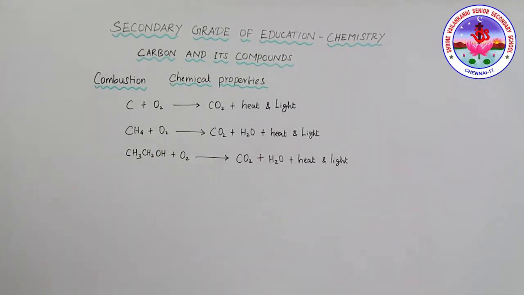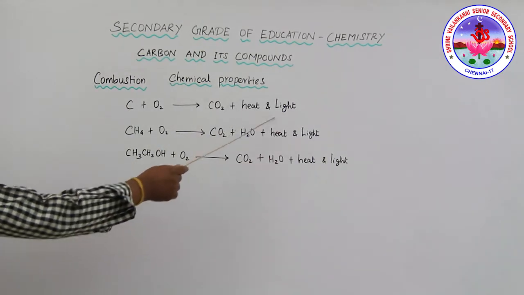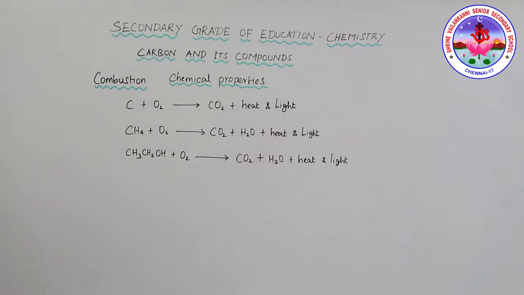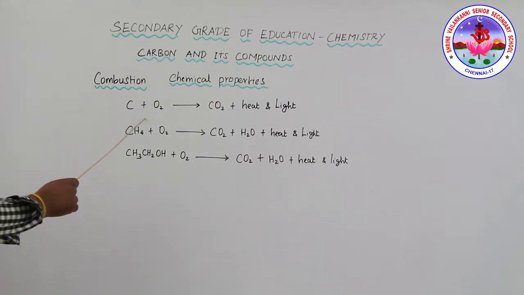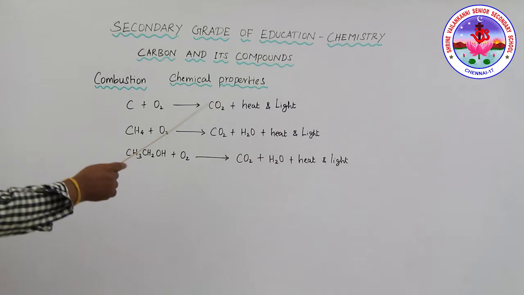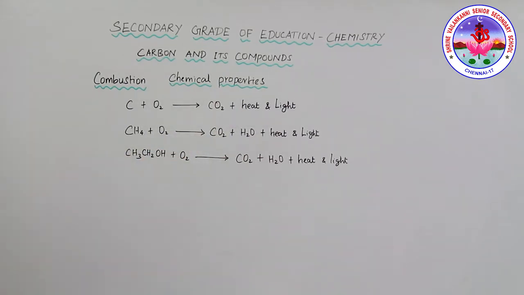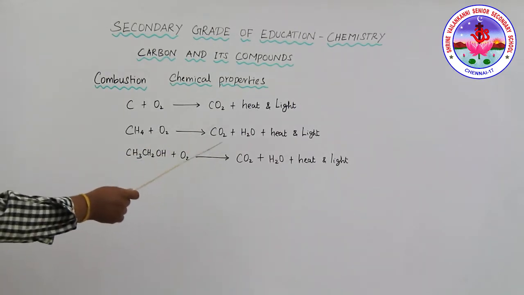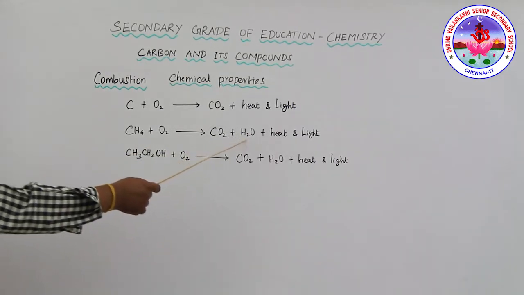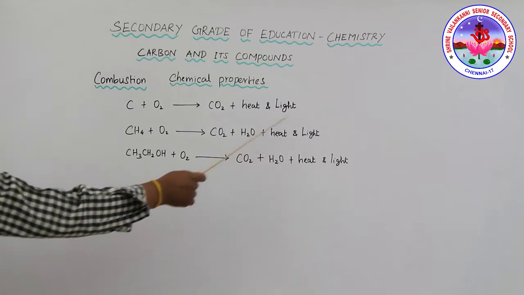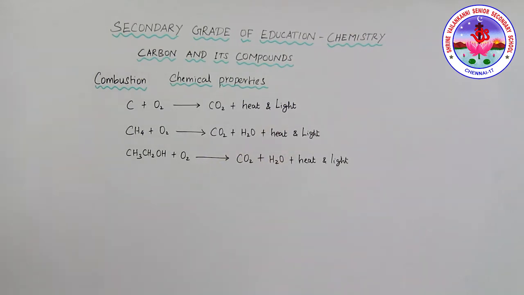Not only carbon dioxide gas, but with heat and light also. For example, first the carbon reacts with oxygen on heating to produce carbon dioxide, heat and light. Second reaction, methane gas reacts in the presence of oxygen on heating to produce carbon dioxide gas and water, with a large amount of heat and light.